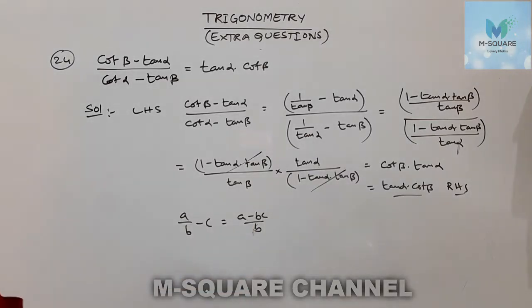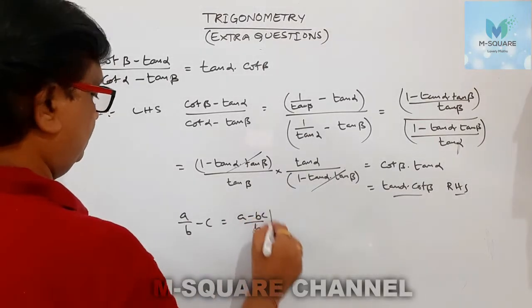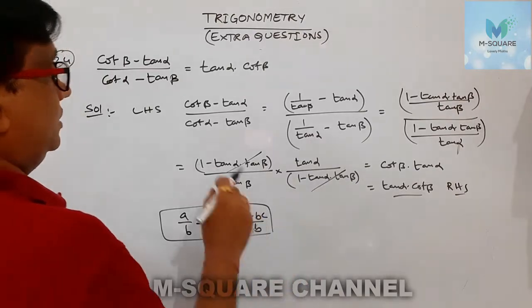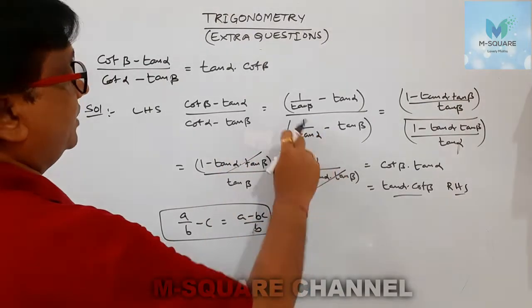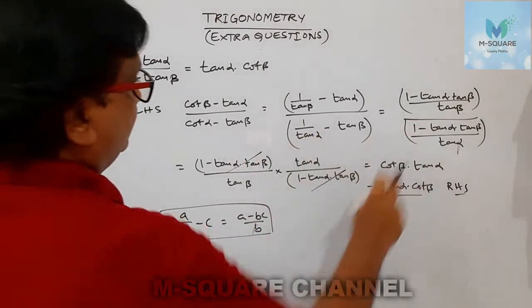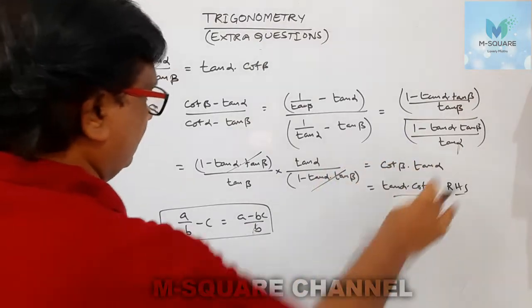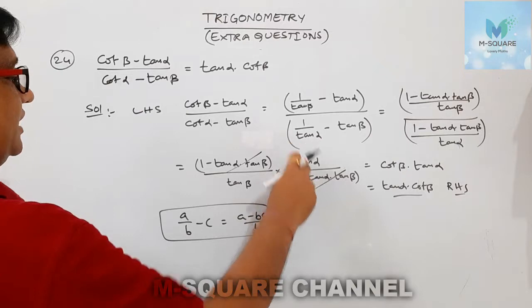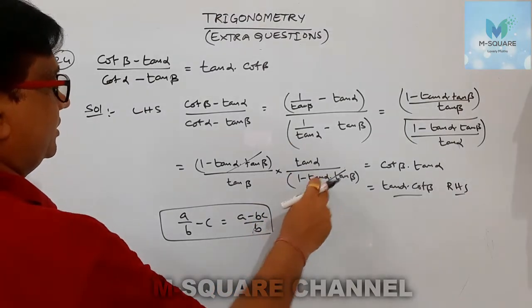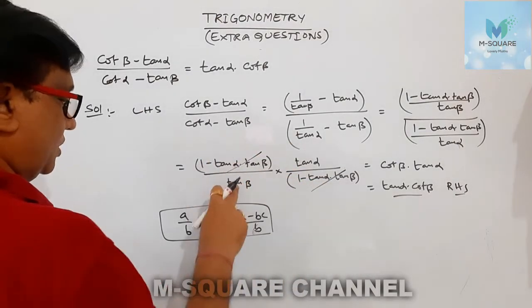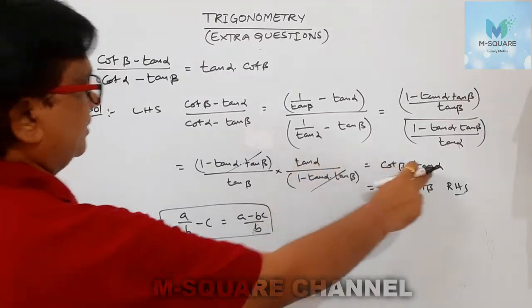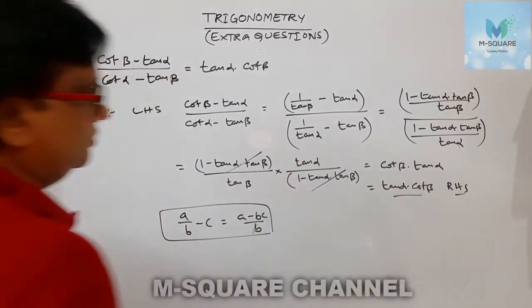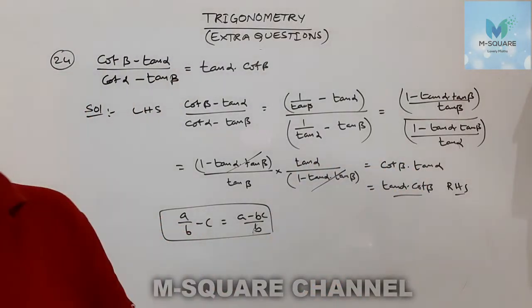Like this, 1 minus tan alpha tan beta by tan alpha. Now this denominator is a reciprocal, so tan alpha and (1 minus tan alpha tan beta) cancel, so 1 by tan beta means cot beta, and tan alpha into cot beta is the RHS.